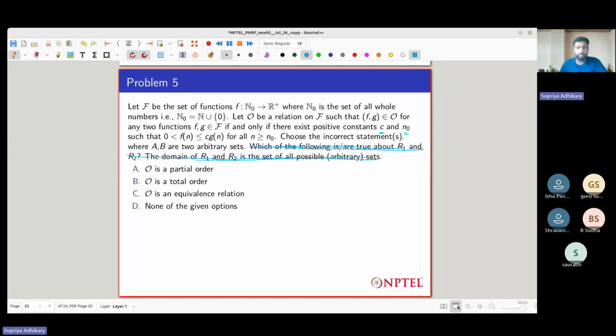So basically, we have to choose the correct statement for this relation. So the first option is the relation is a partial order. Second is the relation is a total order. Third is the relation is an equivalence relation, and the fourth one is none of the given options is true. We have to choose the incorrect statements.